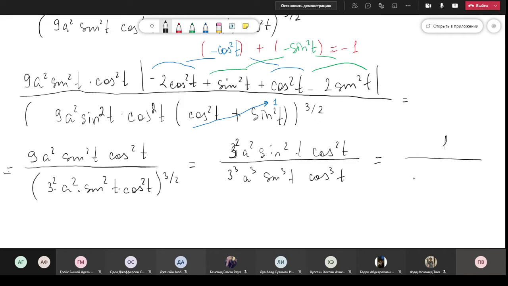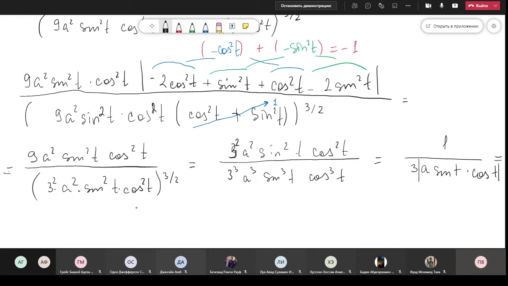We consider that a is greater than 0. In this case, 3a, maybe I just write down modulus sine times cosine.